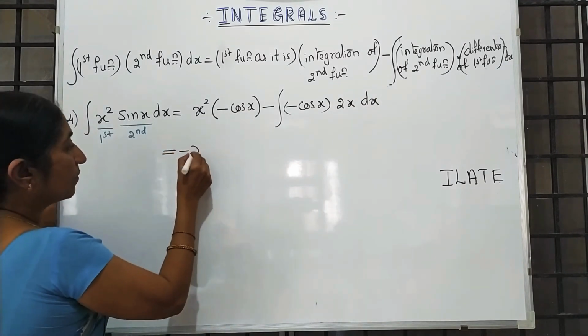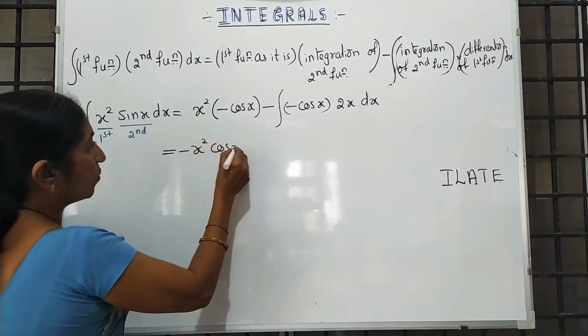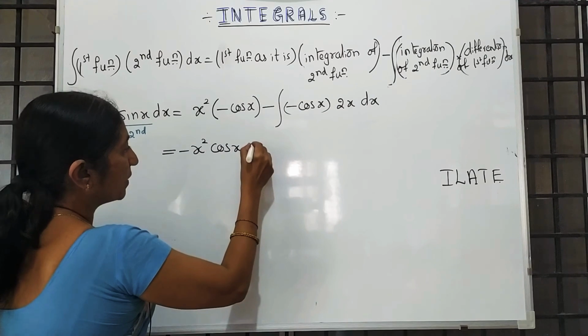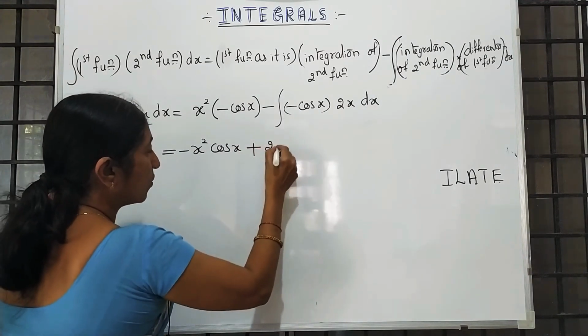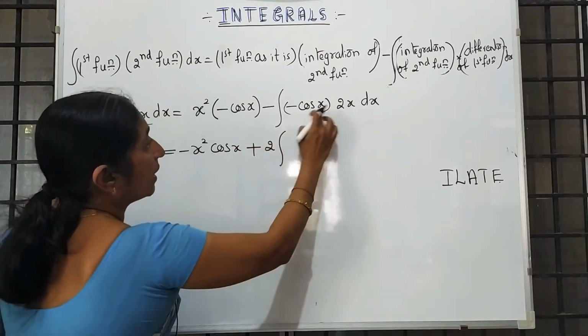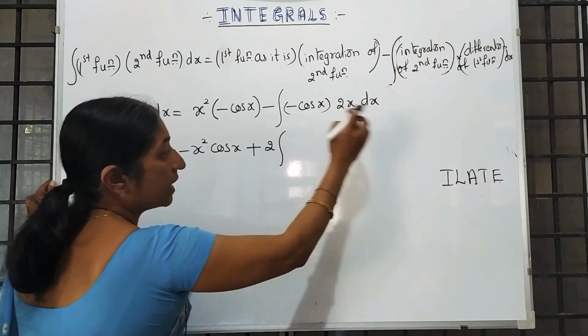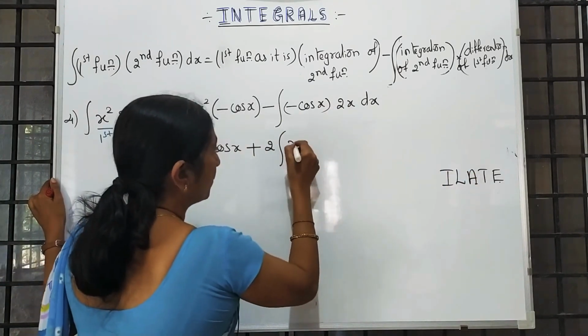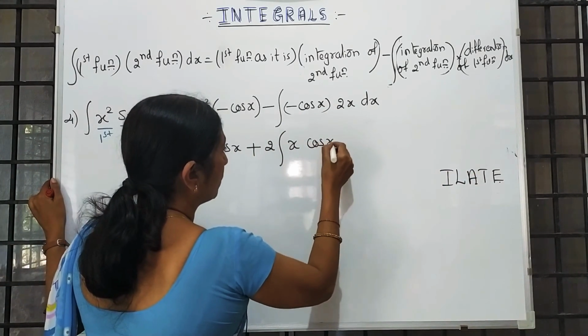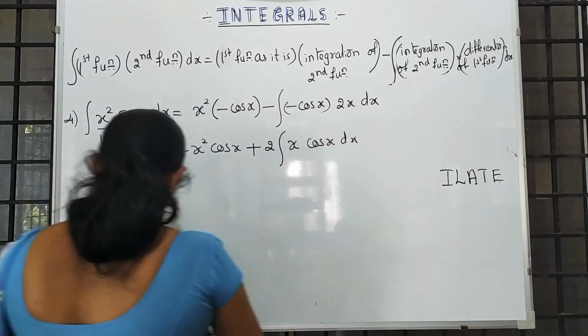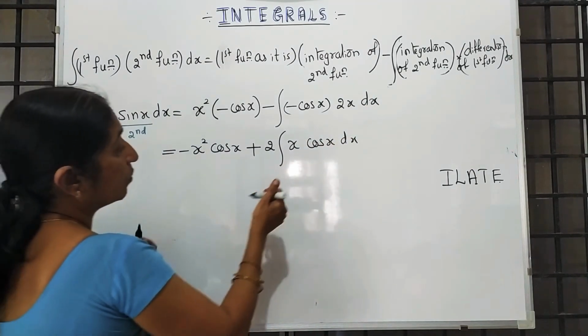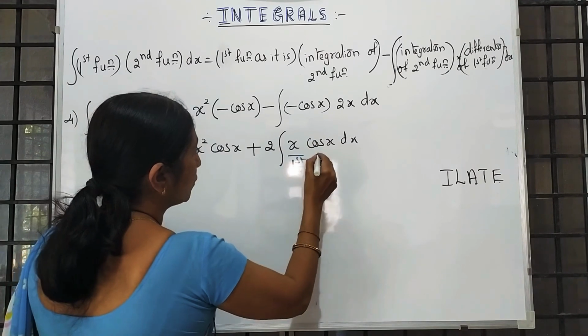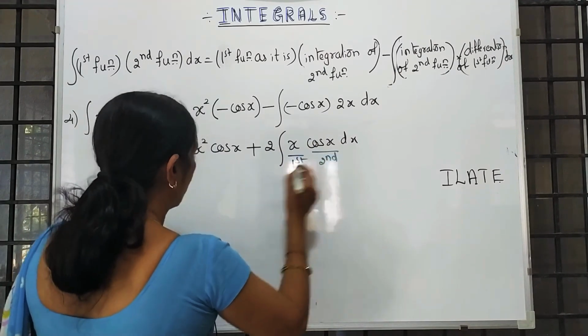So this is minus x square into cos x, this minus into minus becomes plus, 2 is a constant, write it outside. Again we have two terms, rearrange according to the rule, x into cos x. After rearrangement, here also we have to apply the rule. This is first function and this is second function.